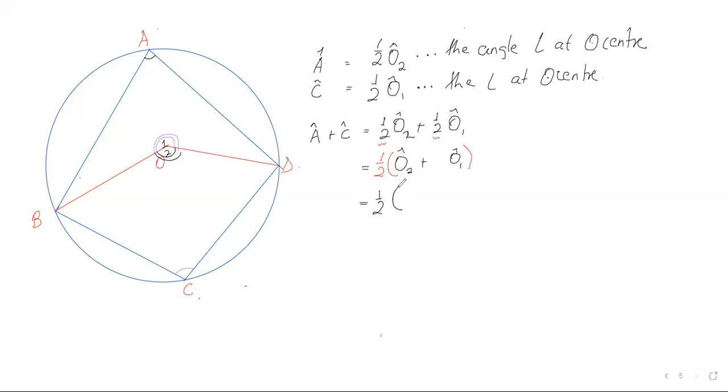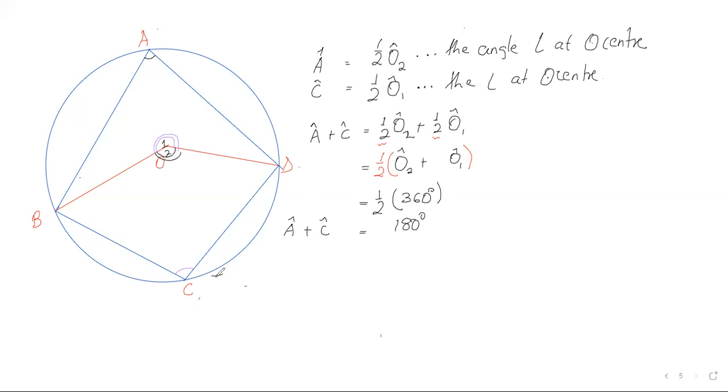This is half of angle O2 plus angle O1, which forms a revolution. And a revolution is 360 degrees. Half of 360 is 180 degrees. We have angle A plus angle C is equal to 180 degrees.